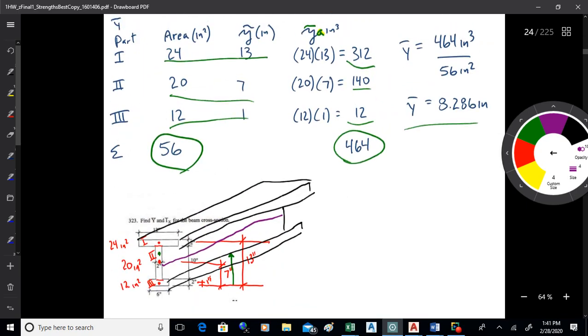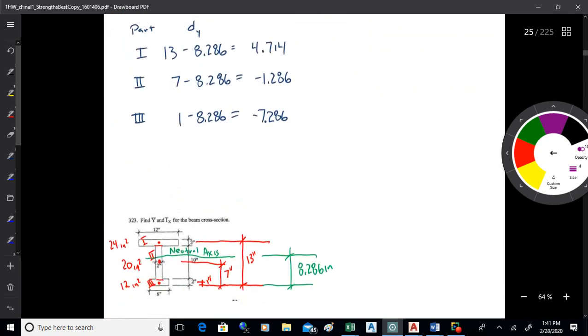So what I'm going to do next is find D, because for finding the moment of inertia, I have to take I bar plus AD squared. So I need that D distance. Now that is the distance from the centroid, which is at 8.286.